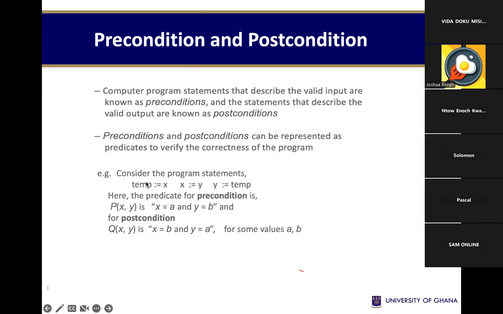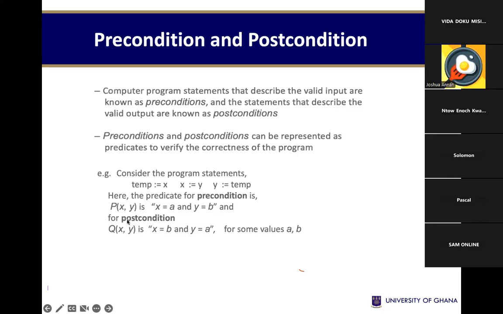Thank you. We have 3 lines of code, or 3 lines of statements, right? We're going to have X is assigned to temp, followed by Y is assigned to X, and lastly, temp is assigned to Y. Then we have been given the valid input values as X with an initial value of A, Y with an initial value of B. Our main focus is to be able to find the output, in other words, the postconditional values.